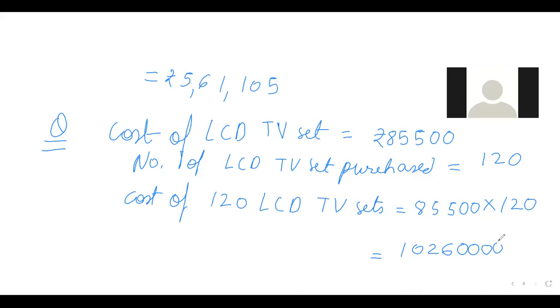Yes, Samarth. Ma'am, I think the answer is wrong. Let me check. No, it's correct. No, answer is correct. I have checked. Ma'am, but the answer can be, first we do 855 into 2, which is 1710.